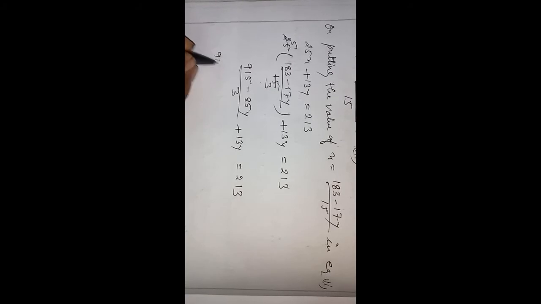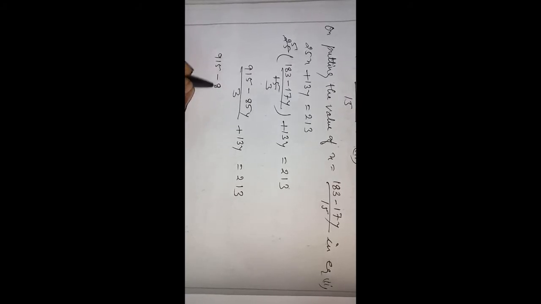Adding these numbers, 915 minus 85y plus 13 3 is 39y upon 3 is equal to 213.